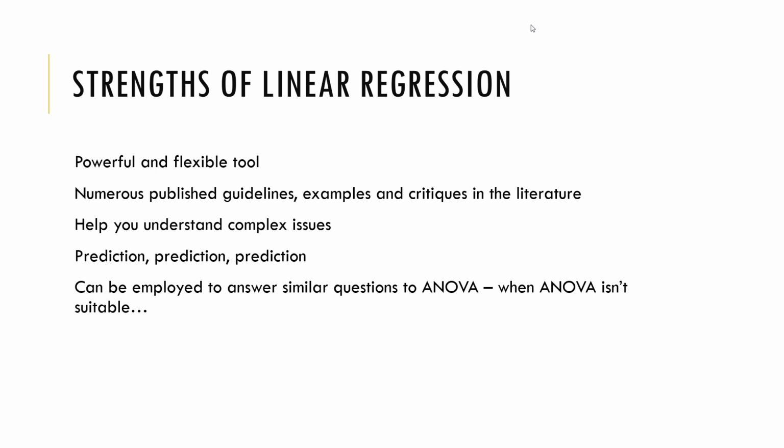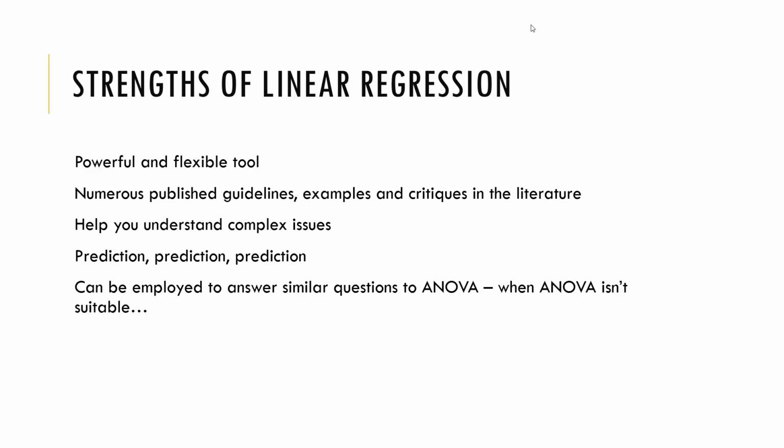So hopefully by this you've got a sense that the strength of linear regression is that it's incredibly powerful and incredibly flexible. There are lots and lots of guidelines now of how to apply it to different situations to resolve complex and contentious issues. It can be really useful if you've got quite nuanced hypotheses, in helping you to unpick those.